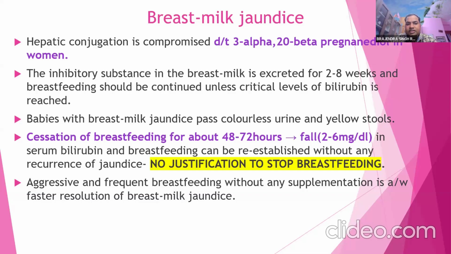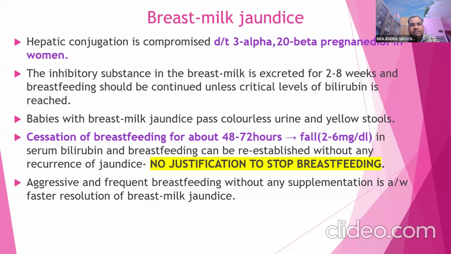Cessation of breastfeeding for about 48 to 72 hours can lead to a fall of 2 to 6 milligram per dl in serum bilirubin, and breastfeeding can be re-established with any recurrence of jaundice. Currently, there is no justification to stop breastfeeding, so we can continue breastfeeding. Aggressive and frequent breastfeeding without any supplementation is associated with faster resolution of breast milk jaundice.